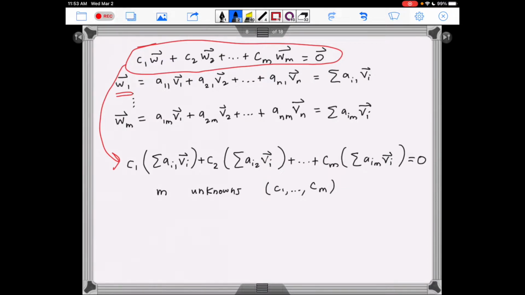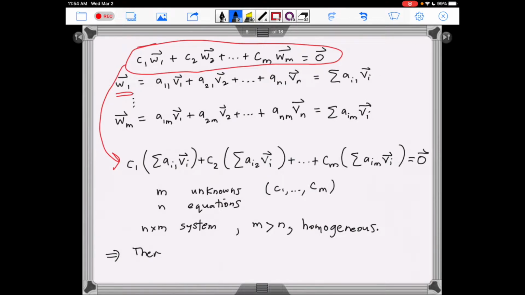By setting components equal to each other after collecting all the like terms. So this is going to be N equations. Okay? So what does this mean? We have an N by M system. But remember, guys, M is larger than N. And the system is homogeneous, right? Sorry, I forgot to write that this is the 0 vector.